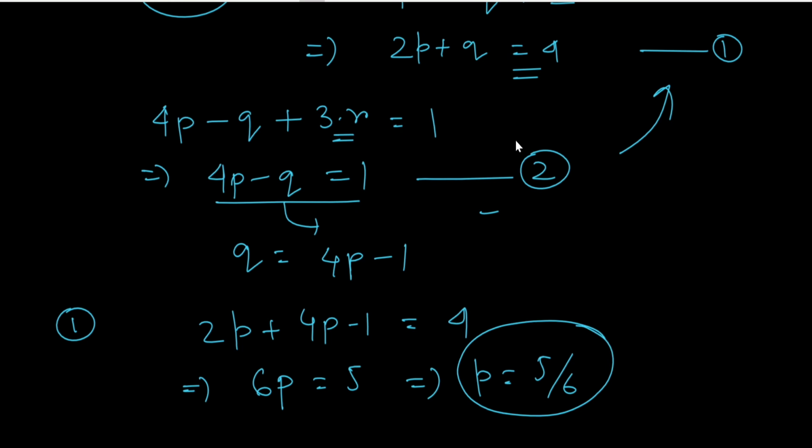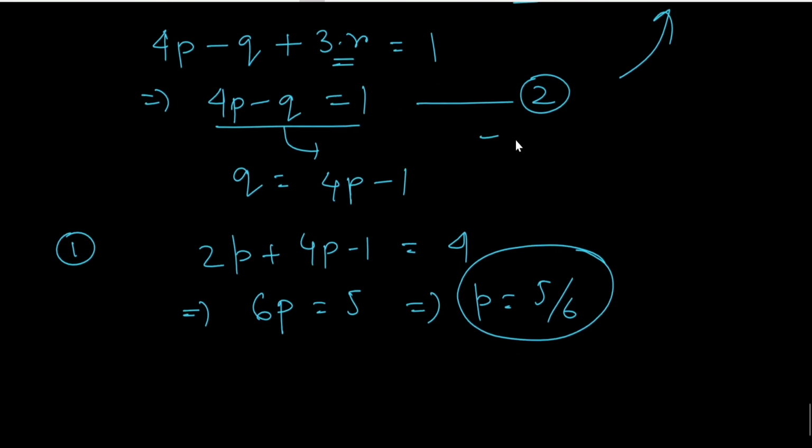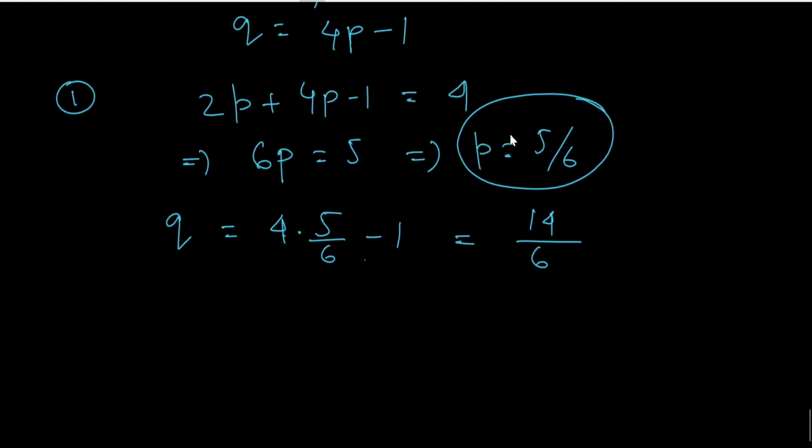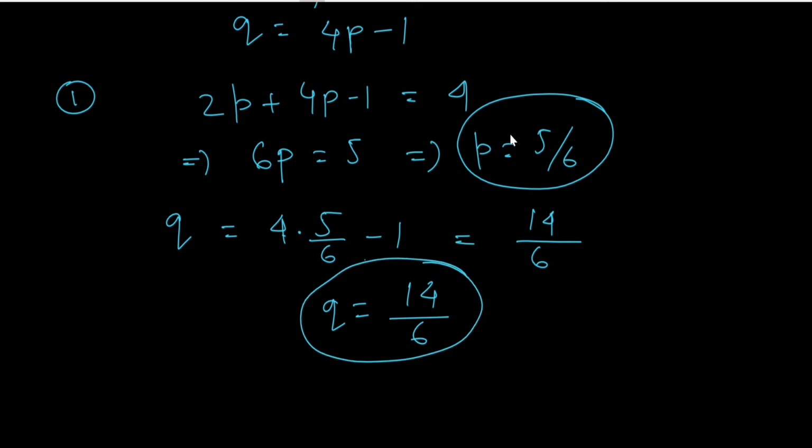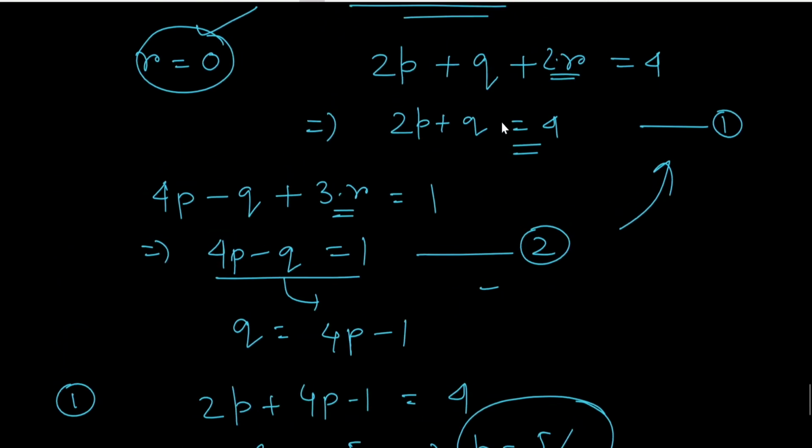Now the value of Q from 2 is 4 into 5 by 6 minus 1, which gives 4 fives are 20 minus 6, so 14 by 6. So we get P equal to 5 by 6 and Q equal to 14 by 6.